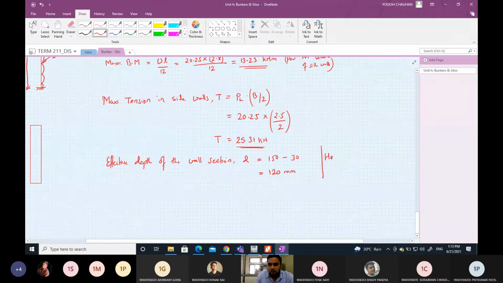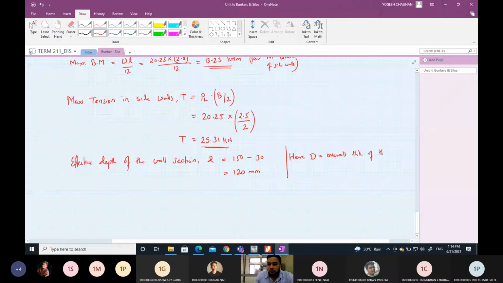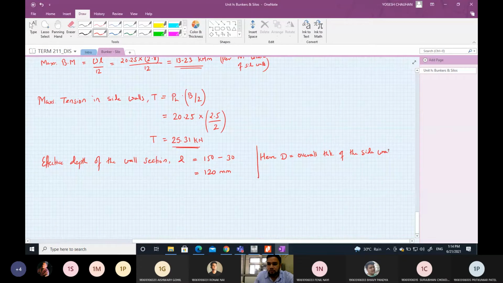Here D is the overall thickness of the side wall, which is, let us say, 150 mm. Here we are assuming this value 150 mm thick, and if this thickness is sufficient to carry the applied bending moment and tension, then this is okay.